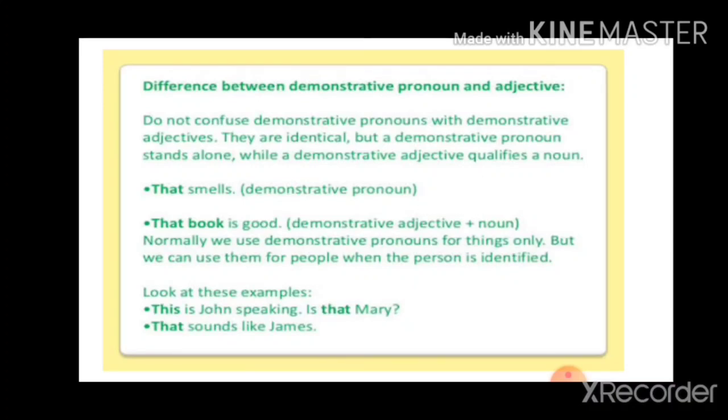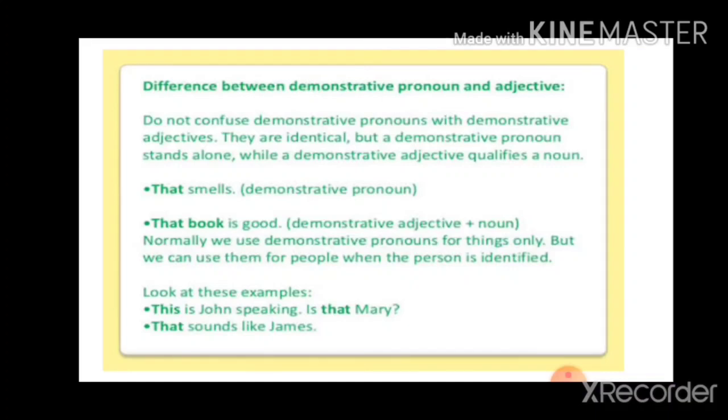Smells is a verb, not a noun. So after that, there is no noun, which means it's a demonstrative pronoun. Whereas in that book is good, after that a noun is given, which means it's an adjective.